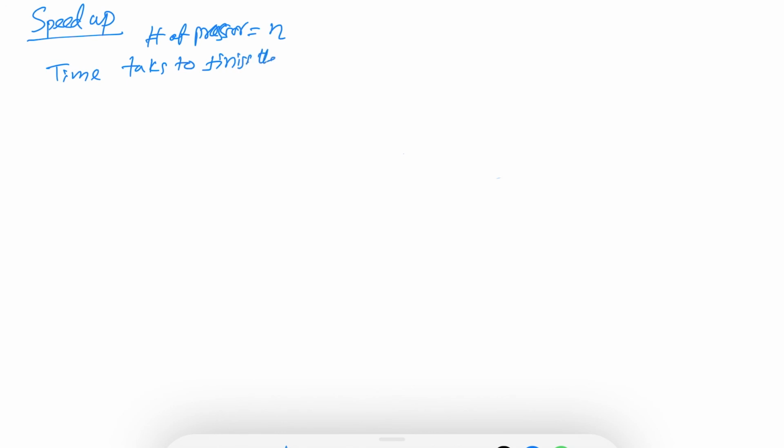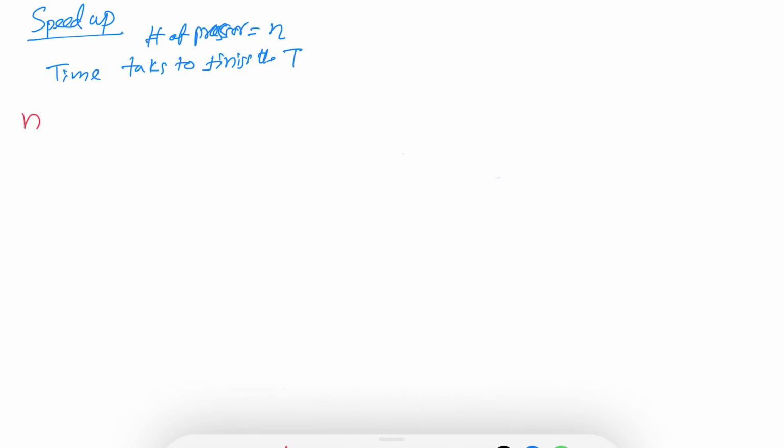Okay, to understand Amdahl's law, first let's define the speed up. There are two things we need to consider. One is the number of processors, if it's n, and the time it takes to finish the task is t.